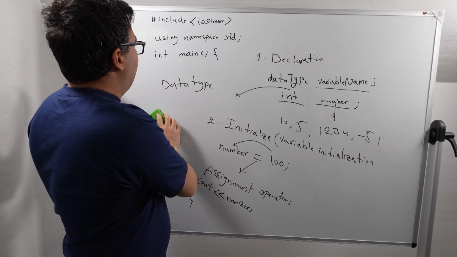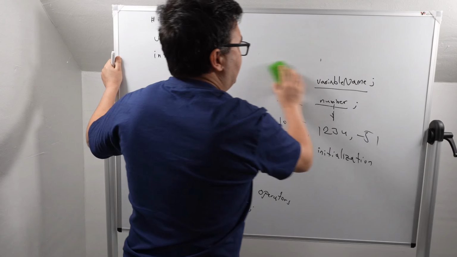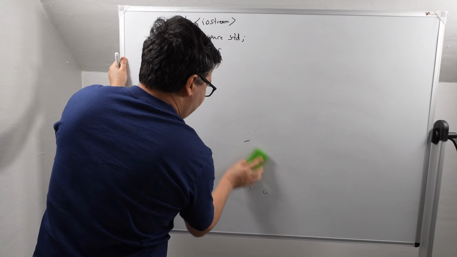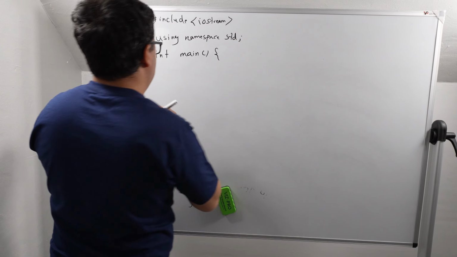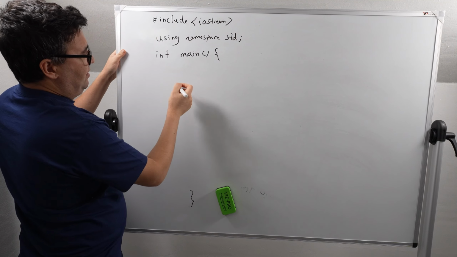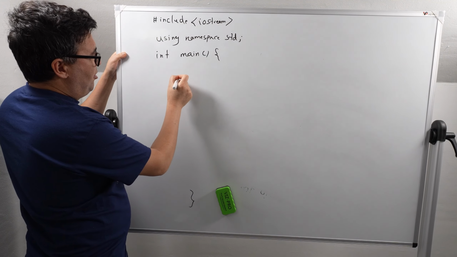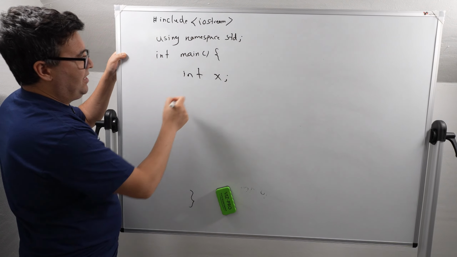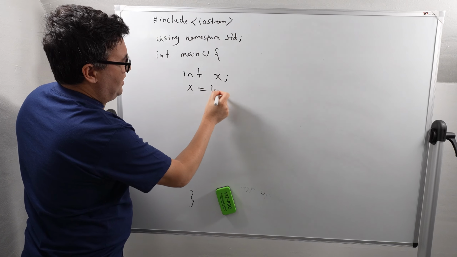If we write our complete program, here I can define a variable like int x. This is a variable x, and I can say x is equal to 10.